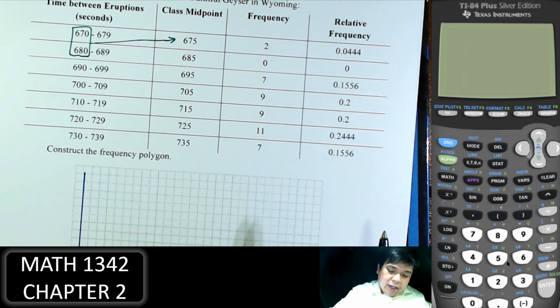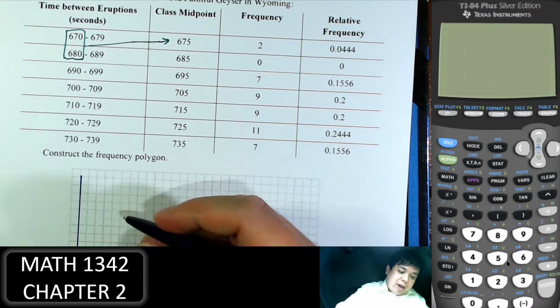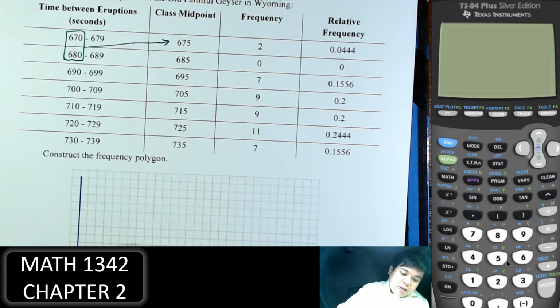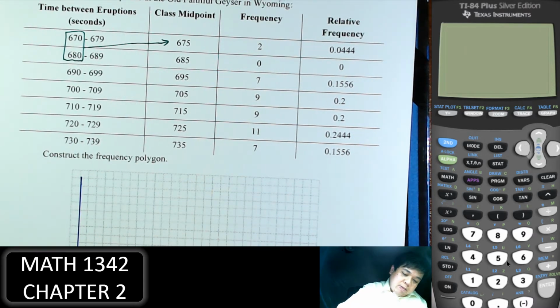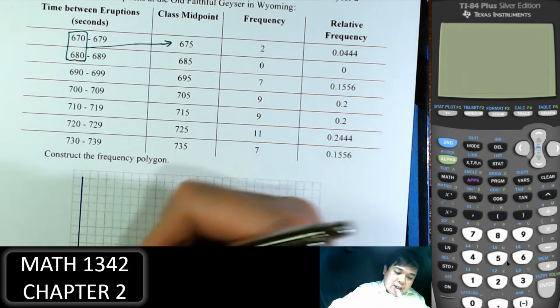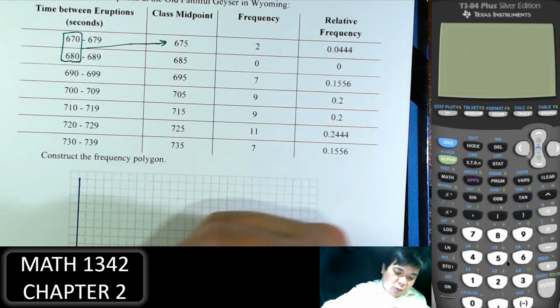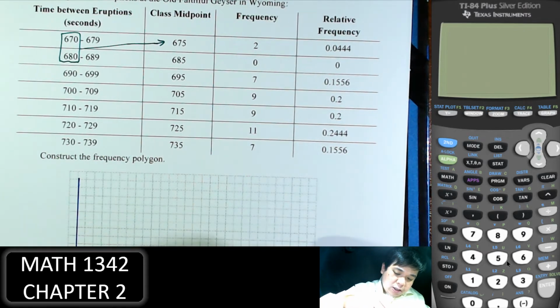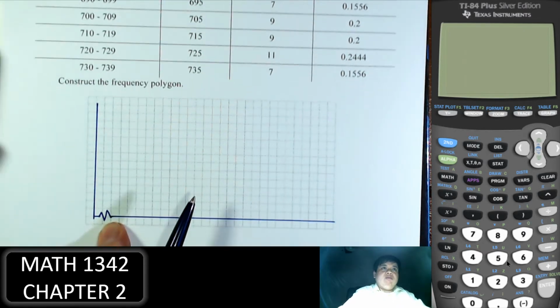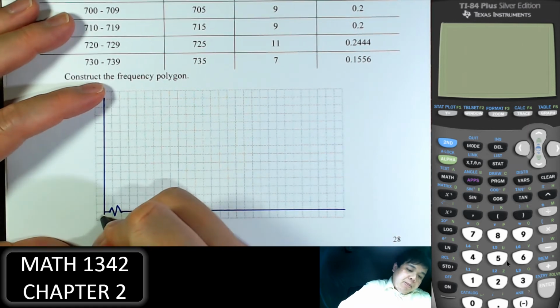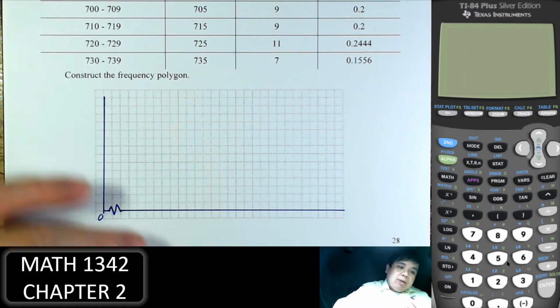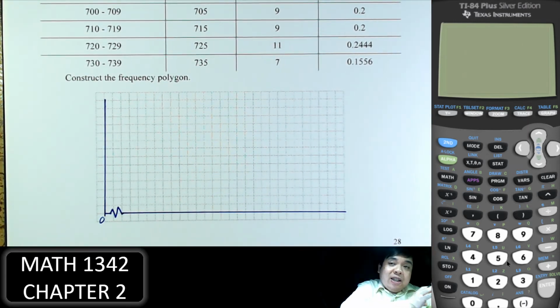Again, there will be no space if we start from 0, so I usually start from 0. If we don't want that, just plot it kind of like that. Now the class limit is 675.